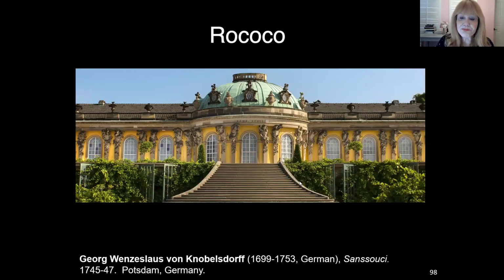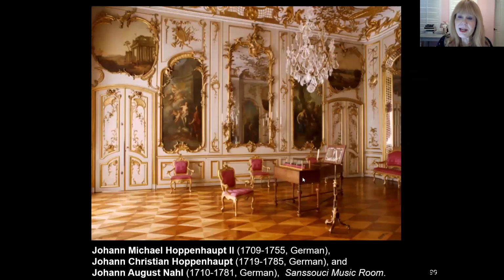And on the interiors and the ceilings, this is so very asymmetrical Rococo style. And where this comes from is in the previous king in France, Louis the 14th, everything was very heavy, very symmetrical.